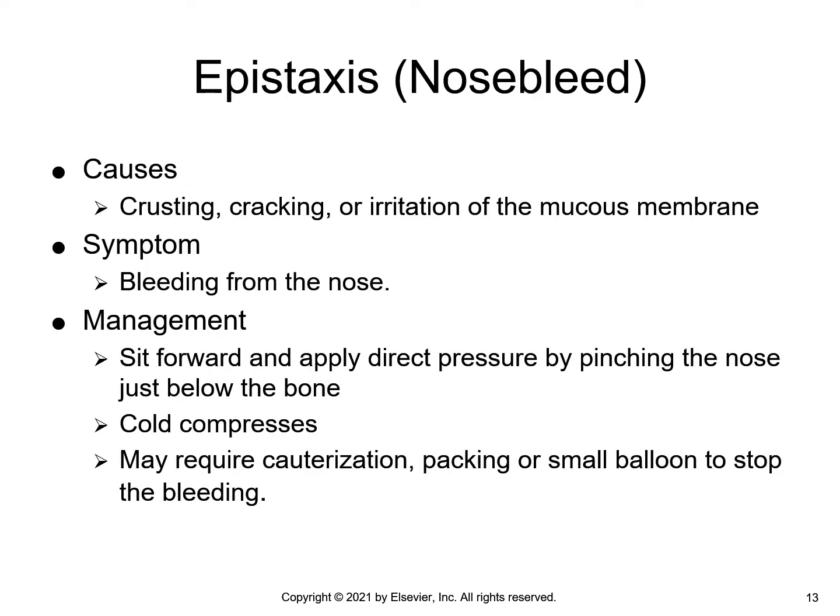Epistaxis is a common occurrence and usually results from crusting, cracking, or irritation of the mucous membrane covering the front or the anterior nasal septum. Anterior bleeds are the most common at 90 to 95%. Blood loss is routinely minimal, but about 6% of nosebleeds will require medical attention.